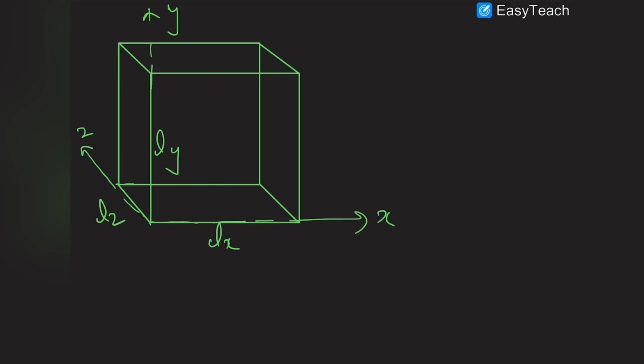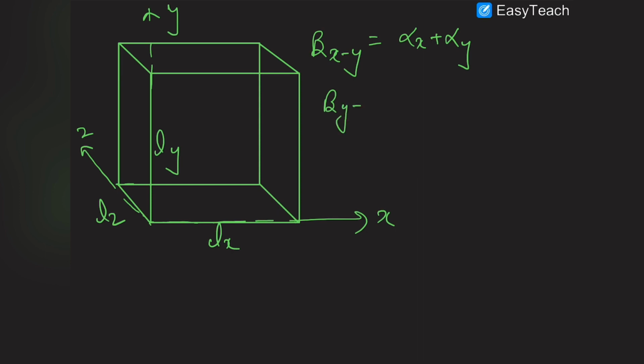So it is very important to note that there are 6 faces, and each face is in a different plane. So beta of the face which is parallel to the xy plane would be alpha x plus alpha y, where alpha x is the linear expansion coefficient of this solid in the x-axis, and alpha y is the linear expansion coefficient of this solid in the y-axis.